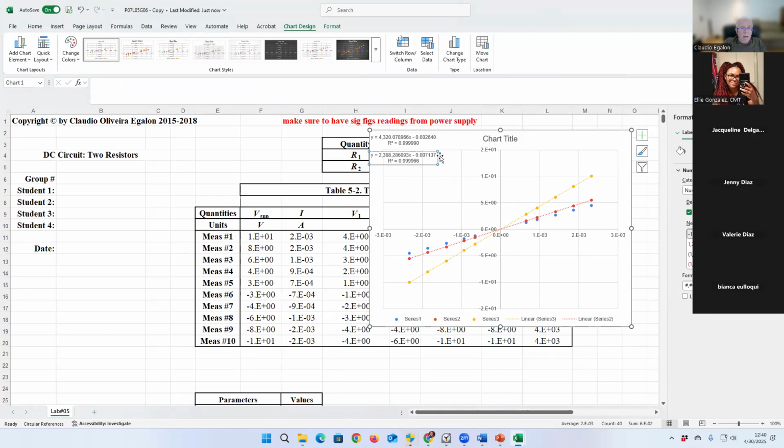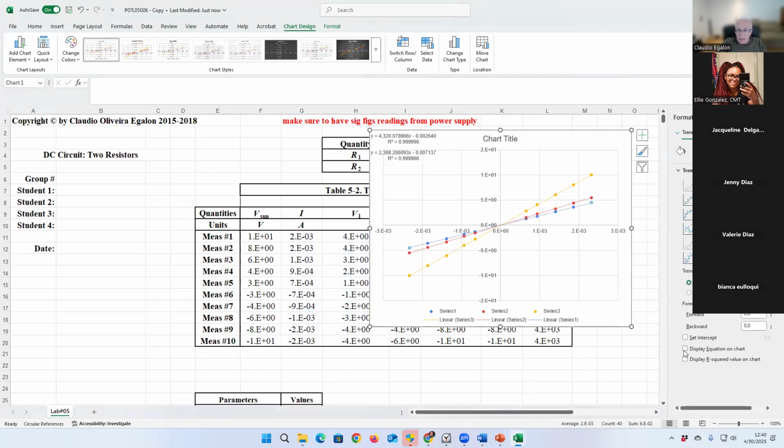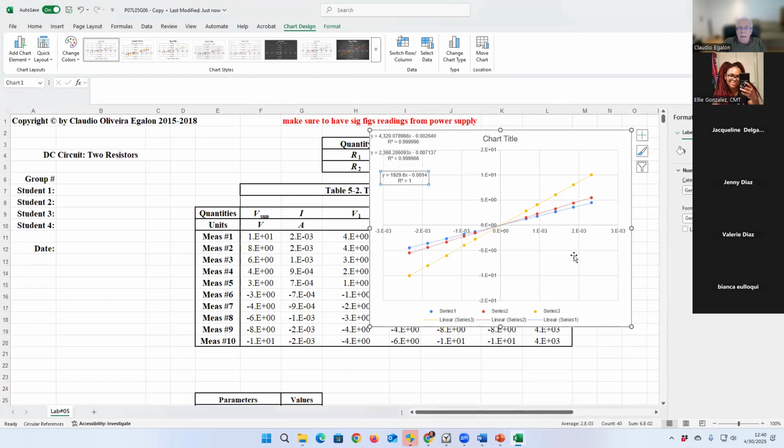Okay, yeah. And V total, V2, and the last one is V1. Add trend line. Do the same thing as I did before. Trend line label, number, 5. Yeah, good.